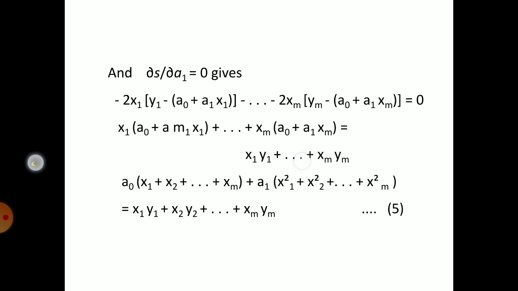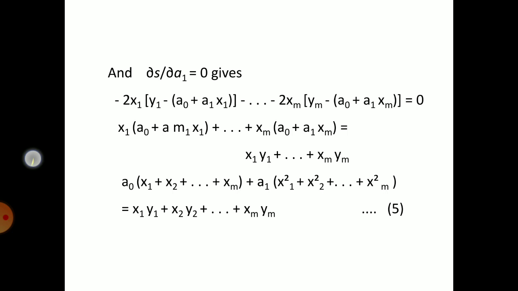This sum is transferred to the right hand side, and then what remains? This x1 into a0 plus a1 x1, plus on to xm into a0 plus a1 xm, equals x1 y1 plus x2 y2 plus on to xm ym, which is written on the right side.